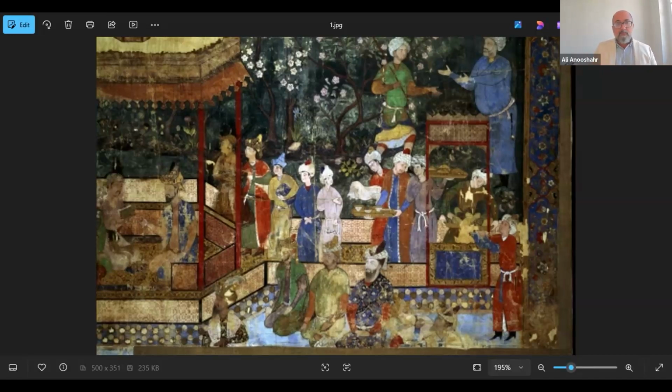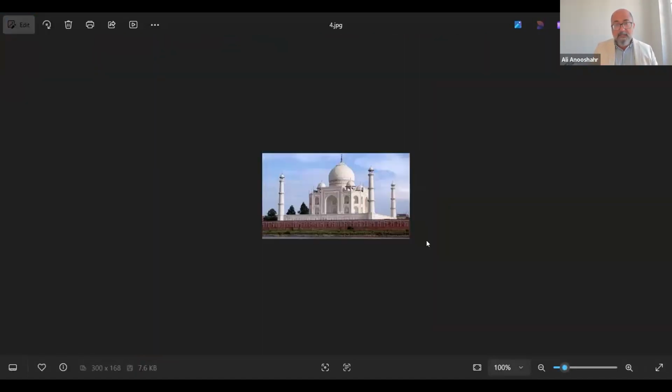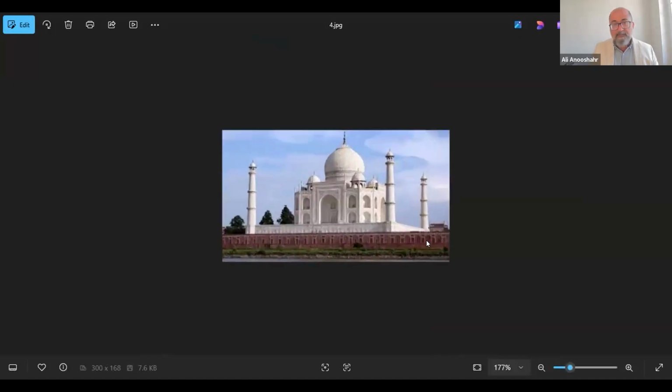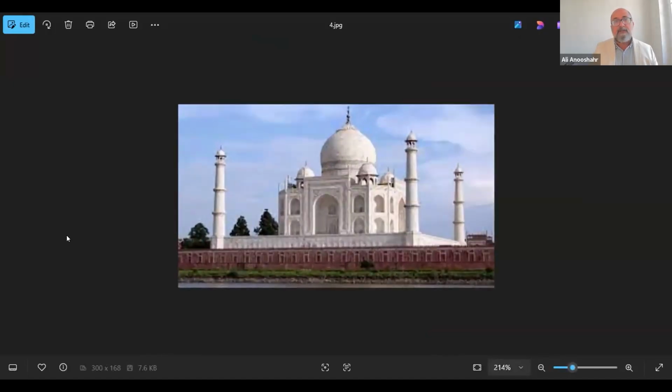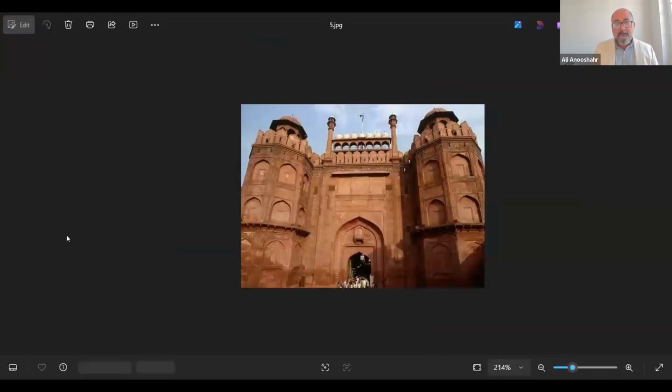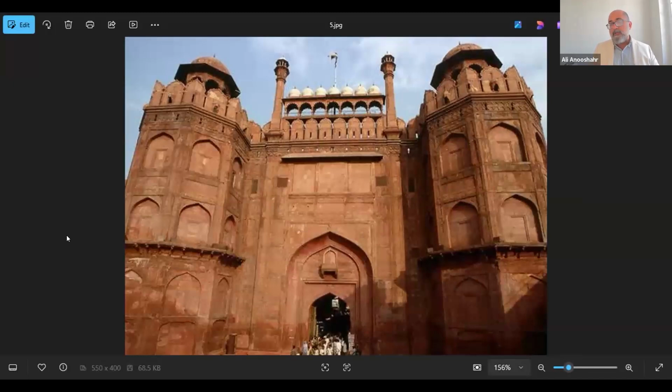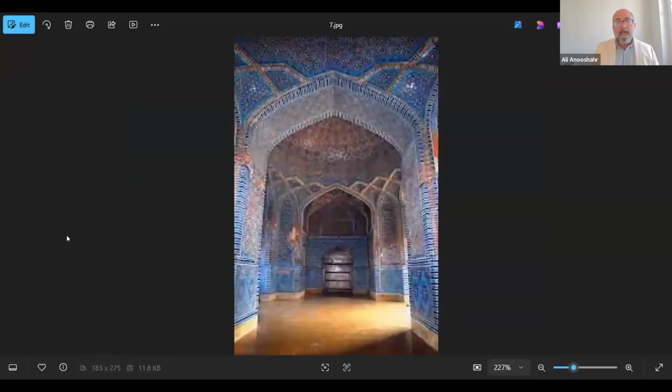And when we think of the reign of Shah Jahan, we think of the most important monuments. Let's see, can you see the Taj here? Yes. Okay, perfect. Obviously, we have the Taj Mahal, a recent picture. Well known images such as the Red Fort, the Lal Qila in Delhi.